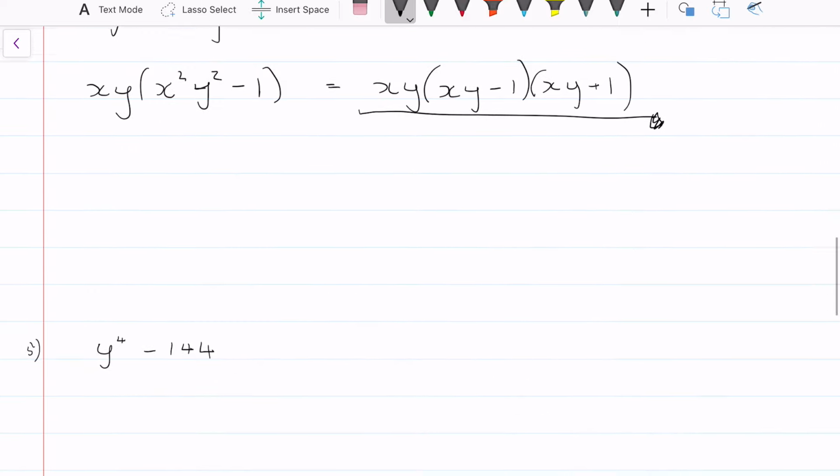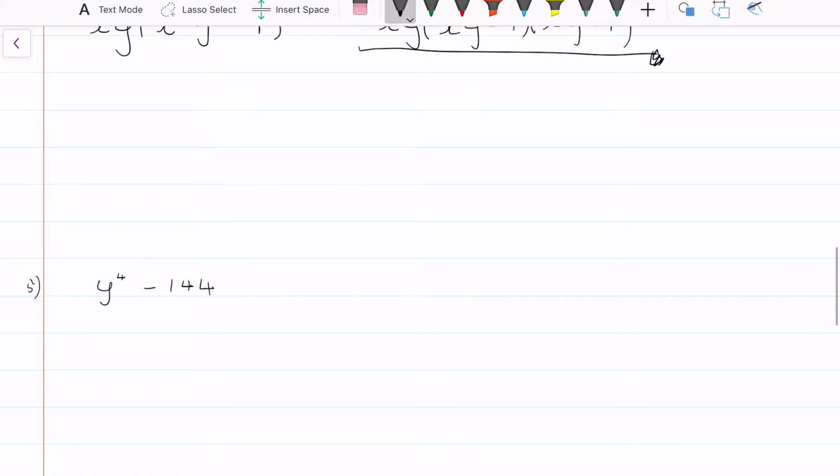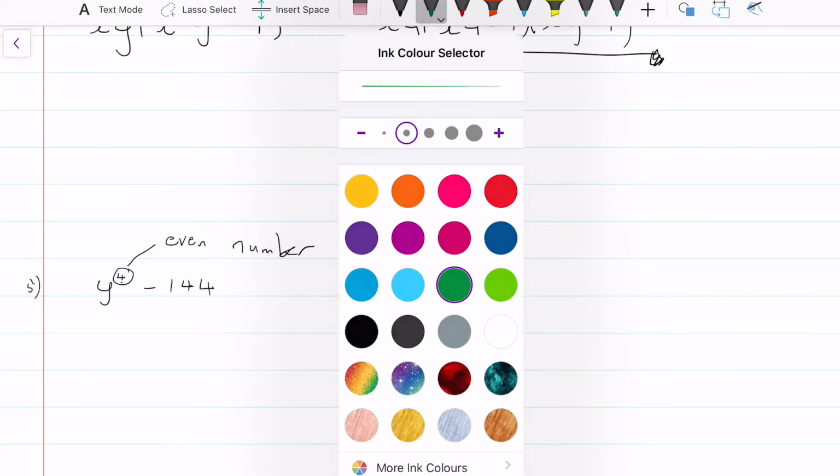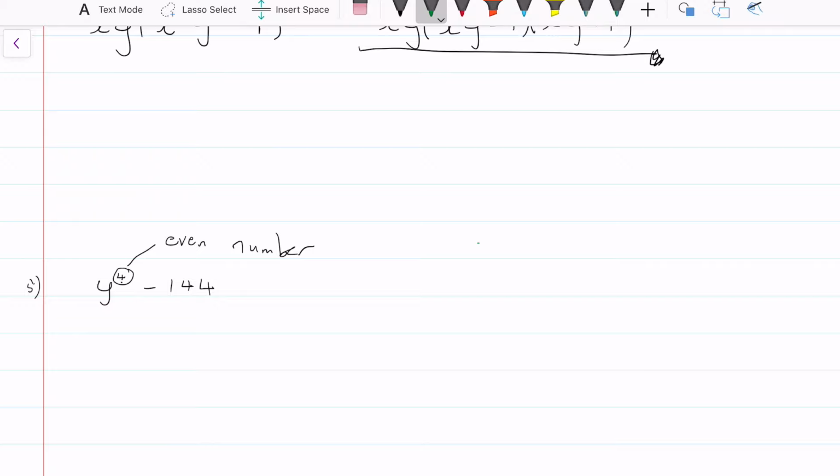Okay, again, another question that follows the difference of squares. So if we have anything to the power of an even number, then our rule still applies. So the rule where we say that x squared minus a squared equals x minus a, x plus a.